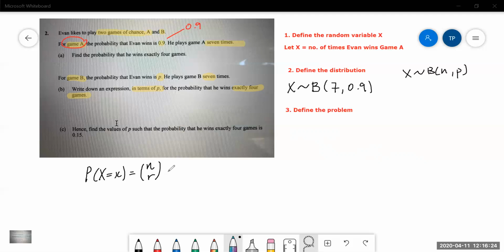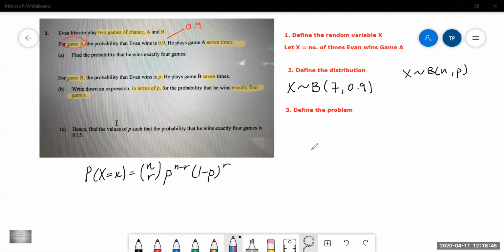Then p to the power of r, you use p because in this case it's the probability of success. Then 1 minus p to the power of n minus r.